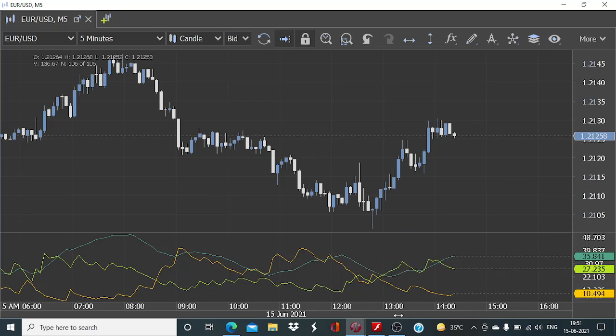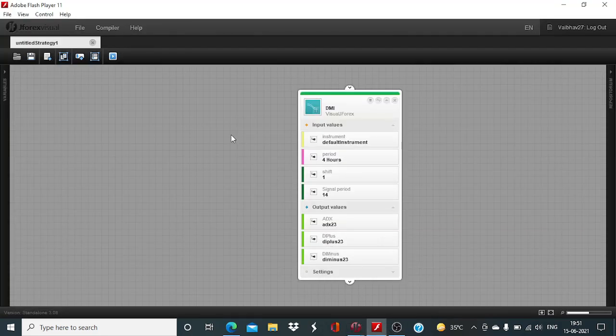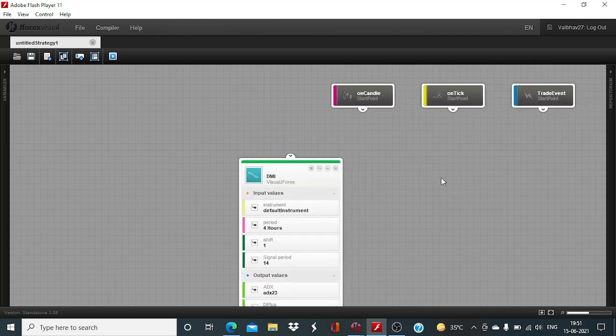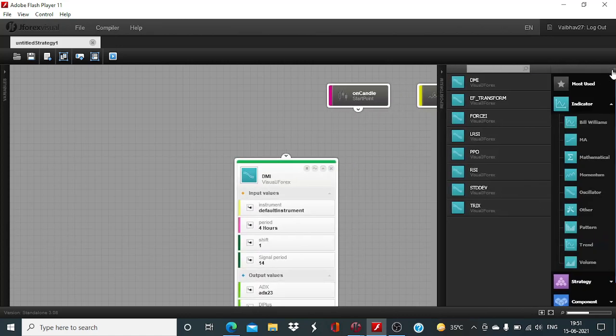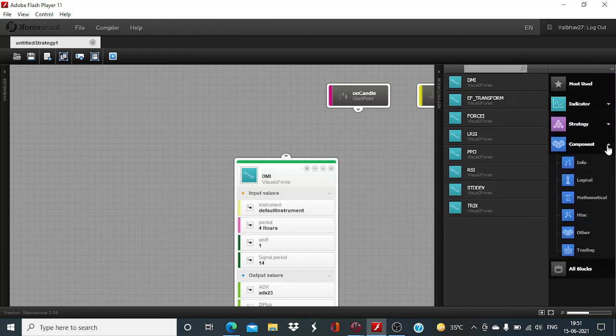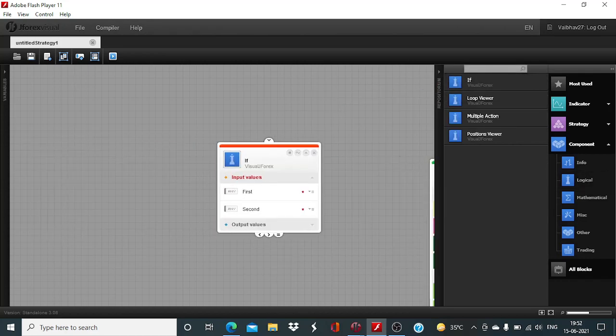Now we head back to the Visual JForex board, where I will explain to you how you can execute the idea using this platform. So first thing first, we are going to need the logical blocks, 3 if blocks.